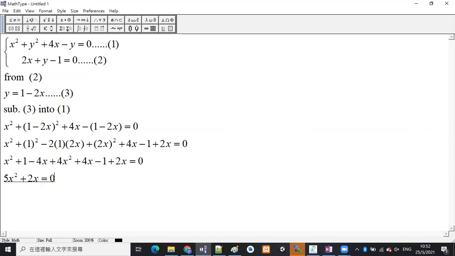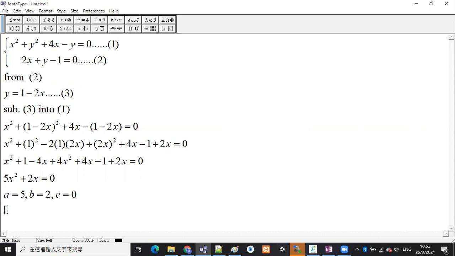Where a is 5, b is 2, and c is 0. You may just use the calculator formula 1 to help you get the answers. When you use formula 1, you get 2 answers.